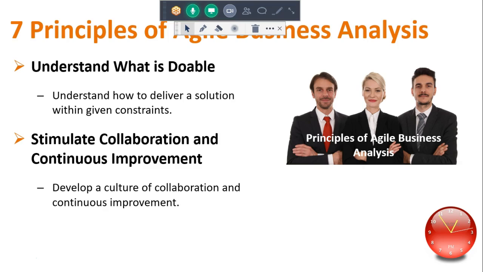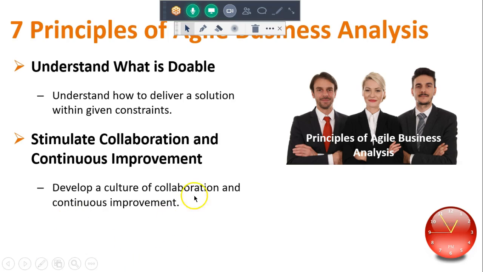The lack of resources or the lack of capabilities are constraints, and sometimes we choose to deliver a solution because it's the only solution that we can deliver given the resources we have, the time we have, the money we have, the capabilities we have. That's part of agile business analysis, understanding that and respecting that, assessing that and respecting it, and not just saying, well, it all has to be done and it all has to be done now.